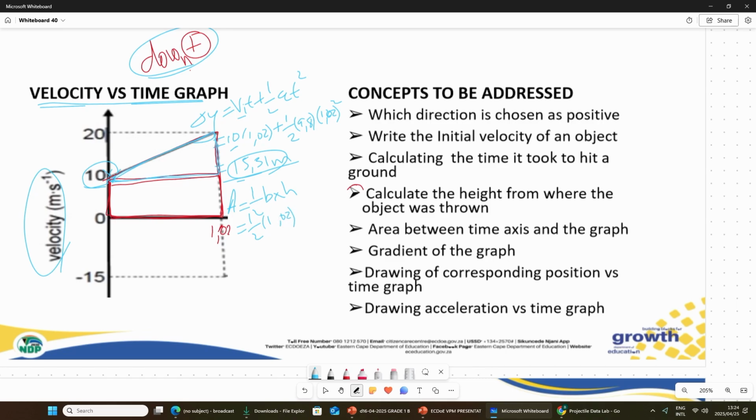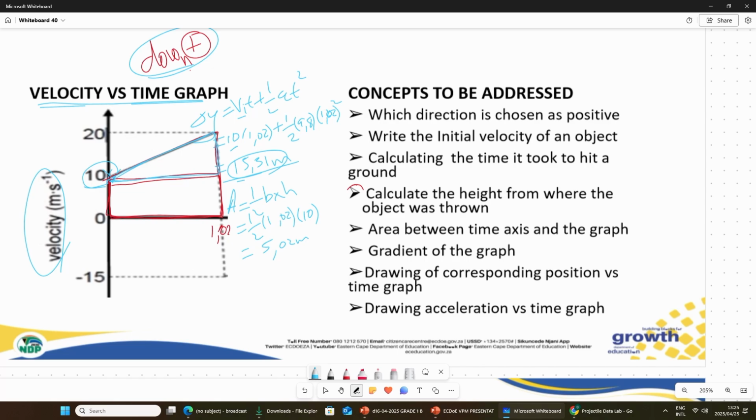Then our height is given as this part, from 10 to 20, so the height is supposed to be 10. If we punch that in, we're supposed to get 5,02 meters.